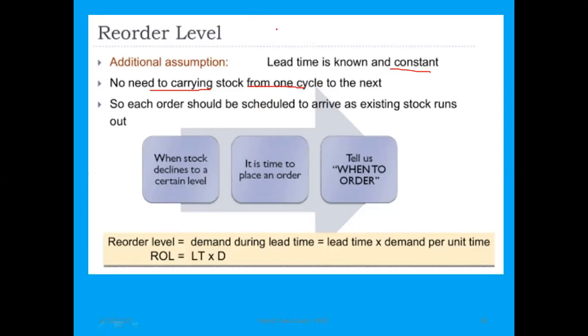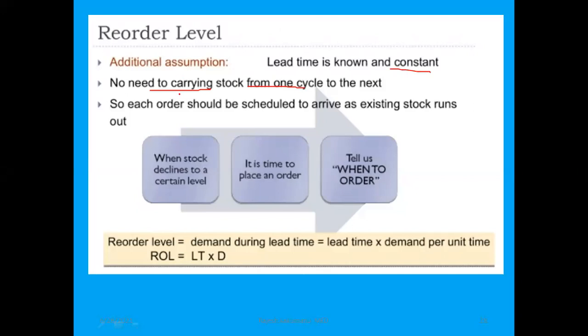What it is saying here is that whenever you place an order, it should be arranged to arrive as the present stock runs out. Before the existing stock is finished, we have to go for the reorder. That is the meaning of this reorder level.